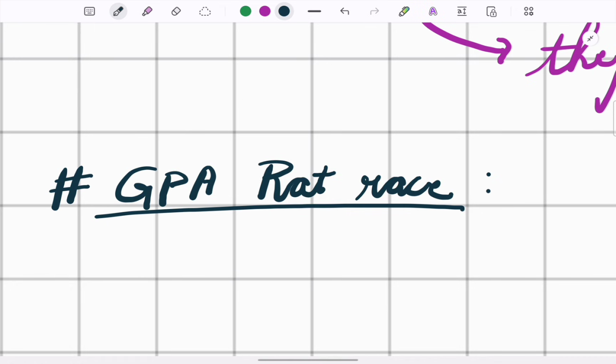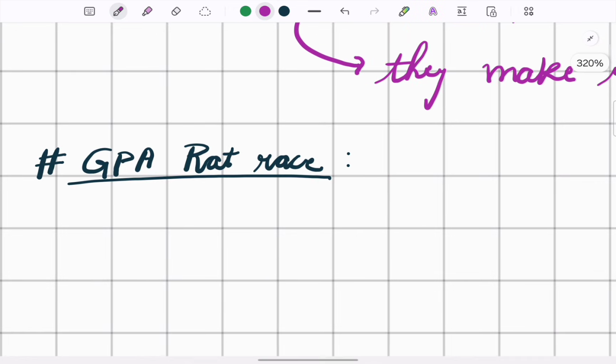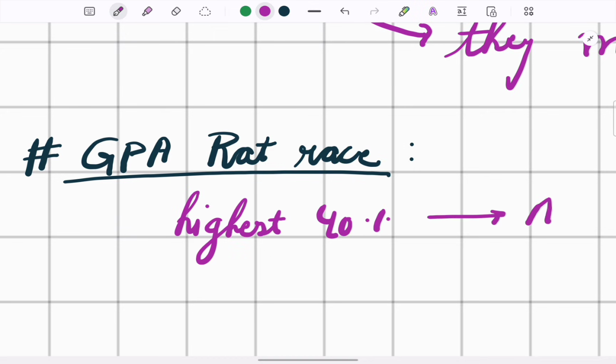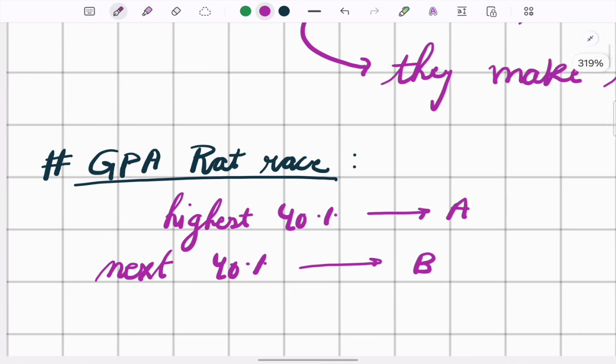They are your classmates, and the criterion for getting the GPA is that the highest 40% will get the A grade, and the next 40% in the ordering are going to get the B grade.